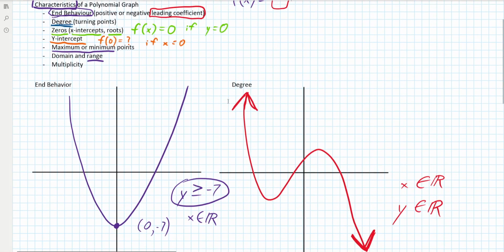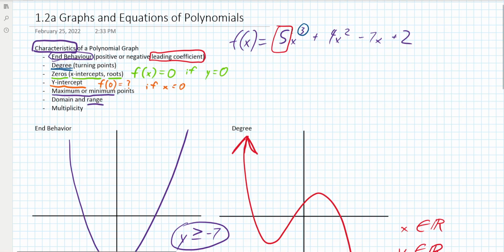Going back now to the very beginning, where we said end behavior is related to the leading coefficient, you look at the leading coefficient and see if it's positive or negative.